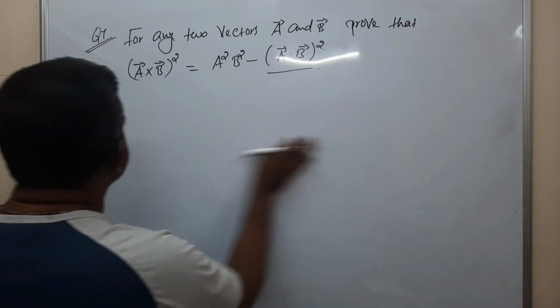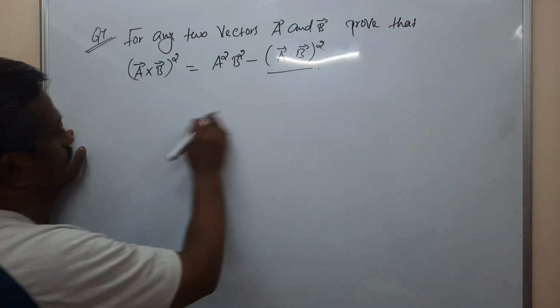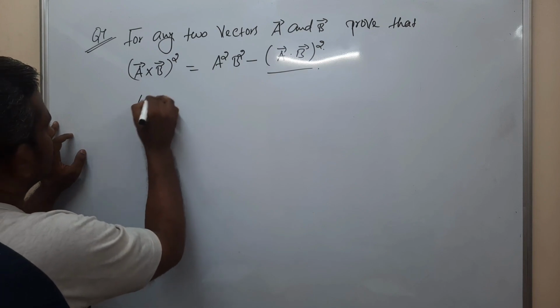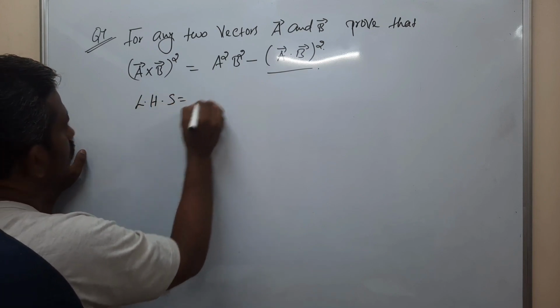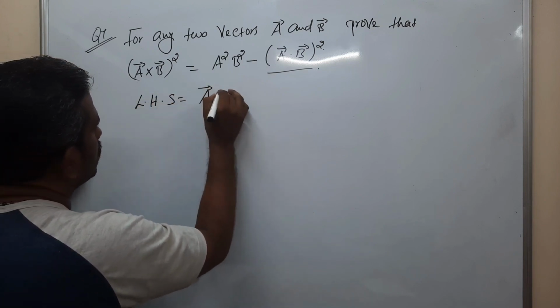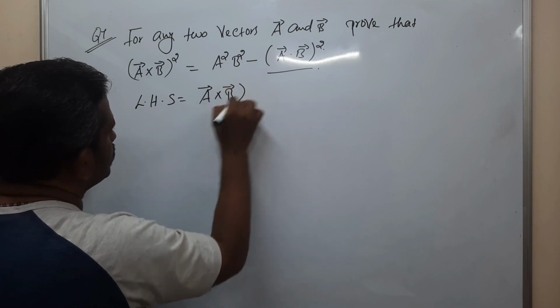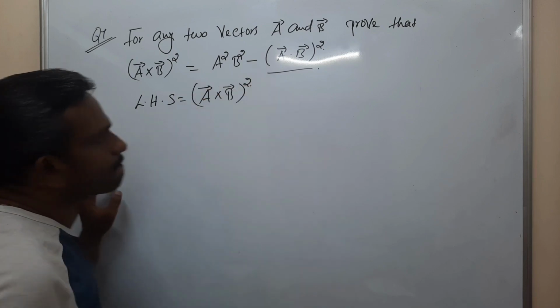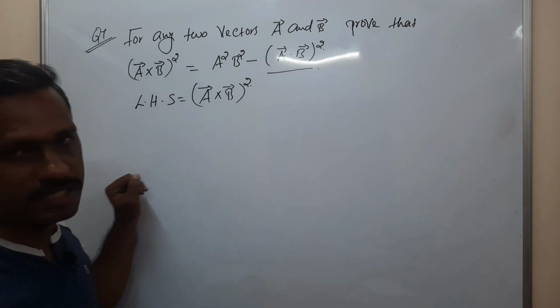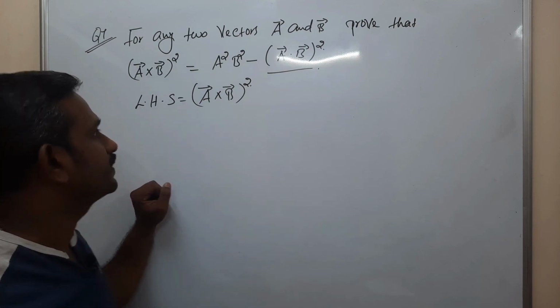So how can we prove that? We have to prove LHS. I am taking LHS equal to (A vector cross B vector) the whole square. We have to prove RHS, right hand side.